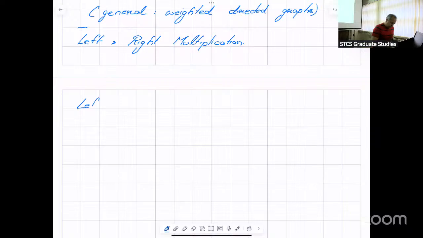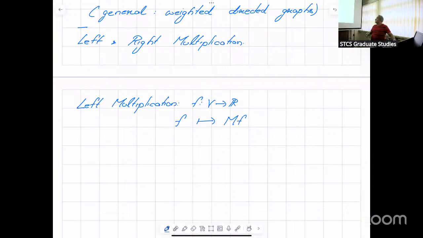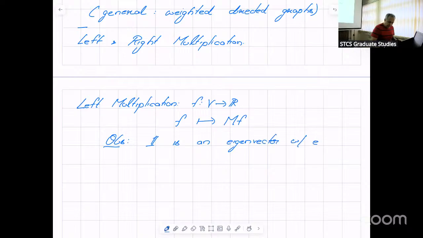When you're multiplying the matrix on the left, you have a function f going from V to R. Then f being mapped to Wf tells you how the function changes as you take a step in the random walk, the expected value of the function. And one observation we saw was that the all ones vector is an eigenvector with eigenvalue 1. This is something we had observed.